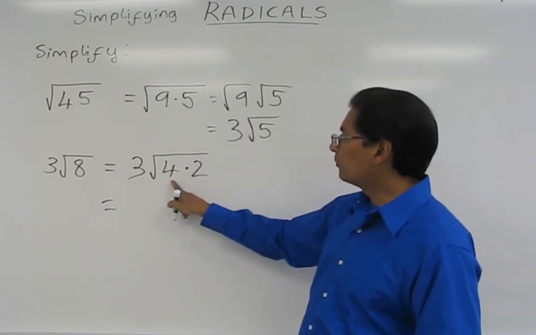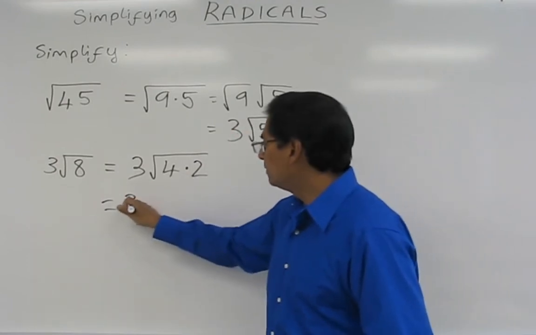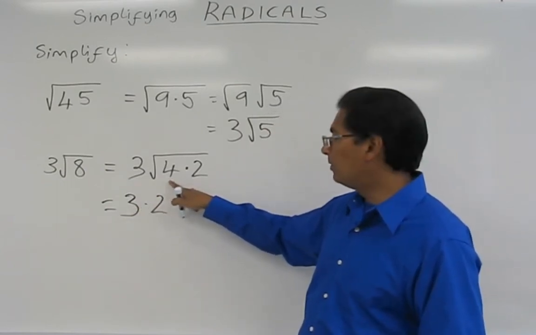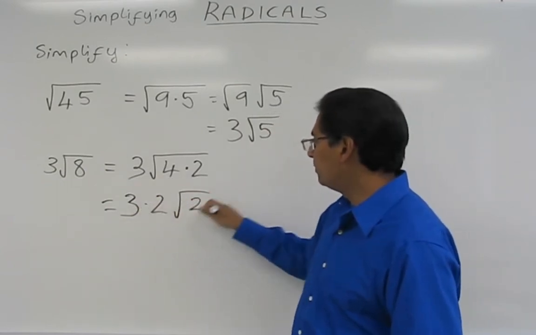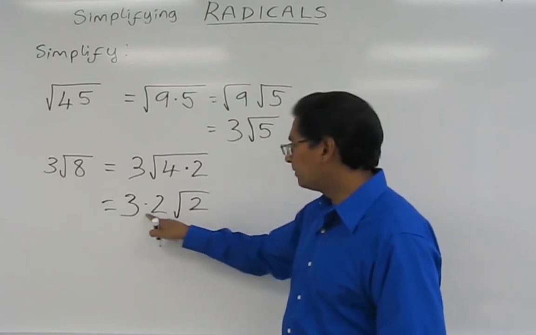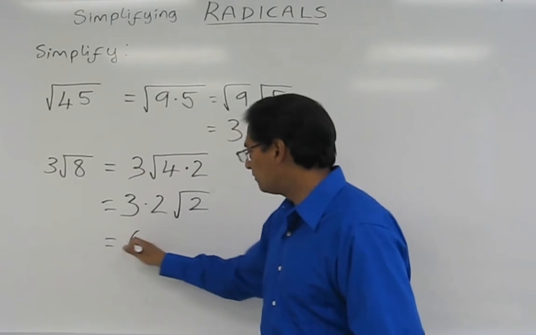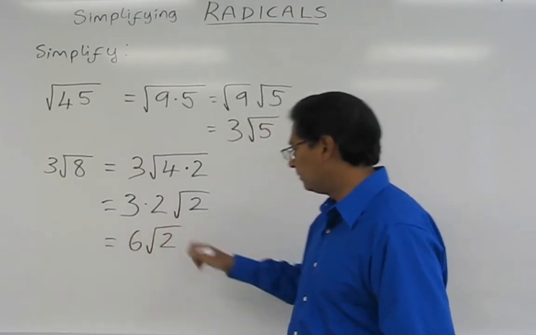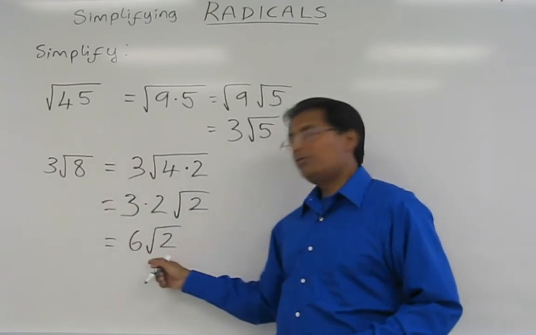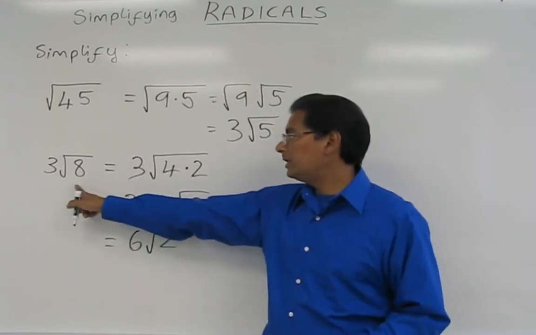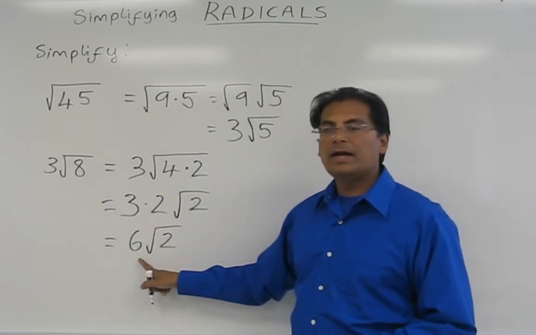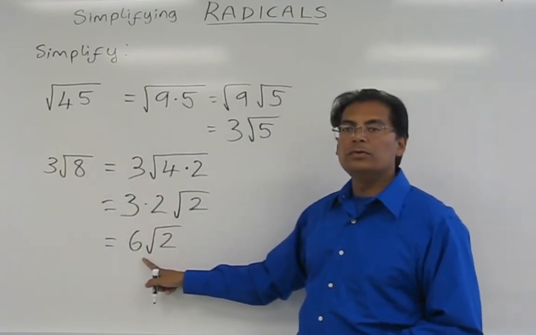We can see the square root of 4 is 2. So we go 3 times 2, where that 2 is coming from the root of 4, times the root of 2, because that 2 is what's left underneath the root, the radicand. And 3 times 2 is 6, so that's 6 times the square root of 2. Now you can check on the calculator that these two numbers are the same. So 3 root 8 is the same as 6 root 2.